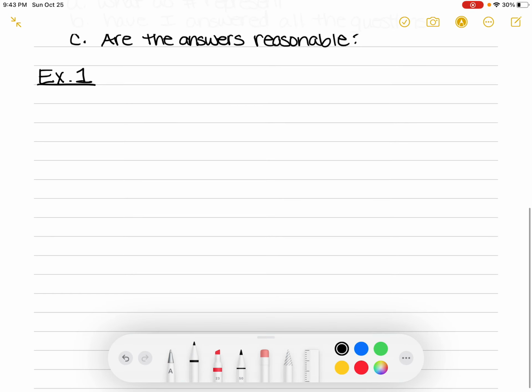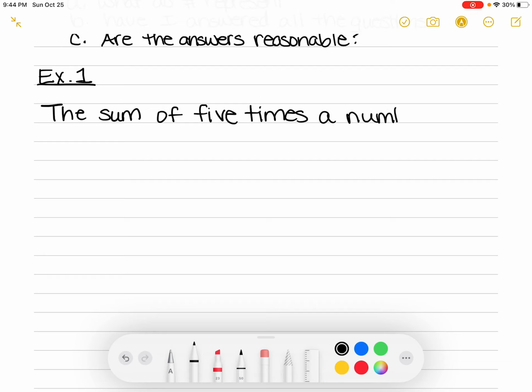Example 1 is: the sum of 5 times a number and 2 times the number is 161.